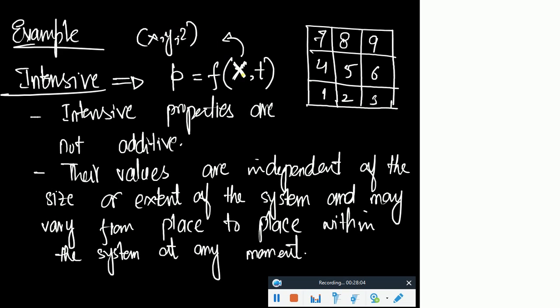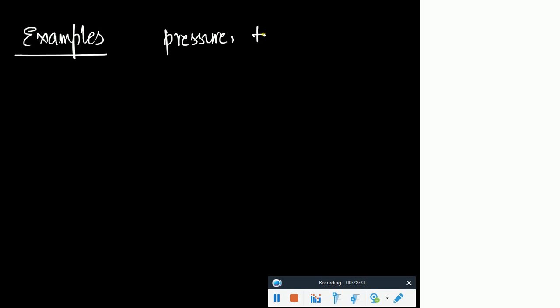So you can say that this intensive property is a function of space and time. Examples are pressure, temperature. What about density?